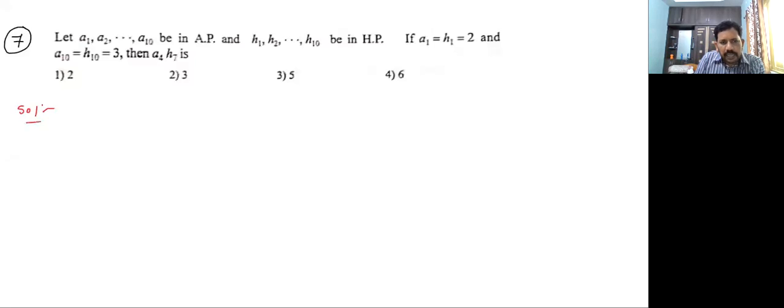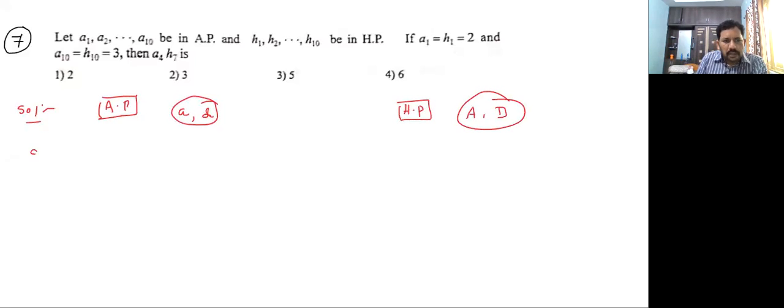Here, AP series and HP series, two types of relations are there. Separate them first. In AP series, first term is small a, common difference is small d. Here you can take capital A, capital D. For AP, small letters; for HP, capital A, capital D.